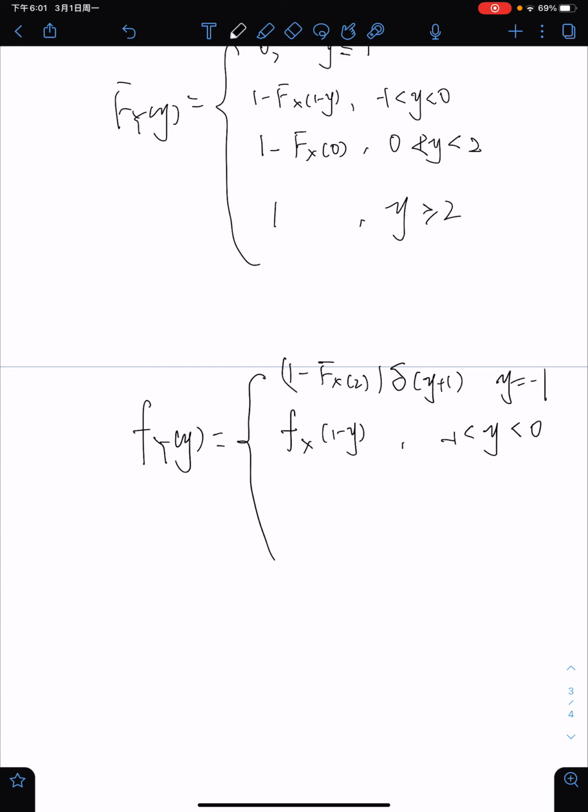Actually we can get the density function from the distribution function. There are many ways to get it, but actually it's the same way. Here is the point because we need the impulse function.